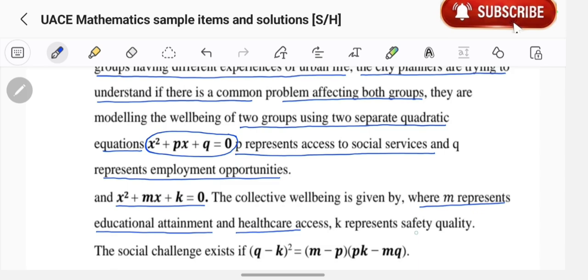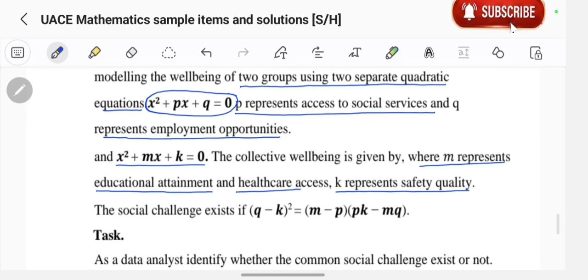K represents safety, quality. Then the social challenge exists if Q minus K squared is equal to M minus P into PK minus MQ.